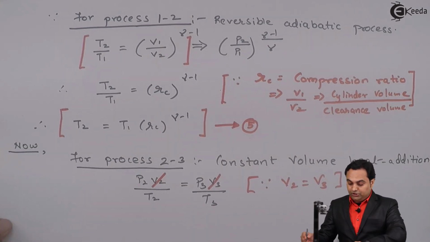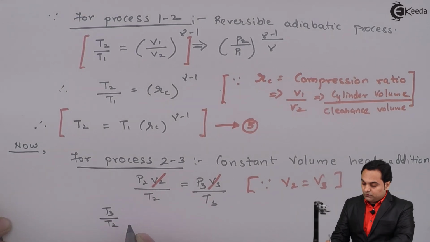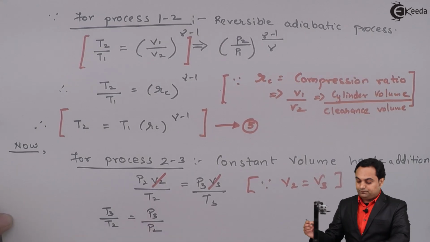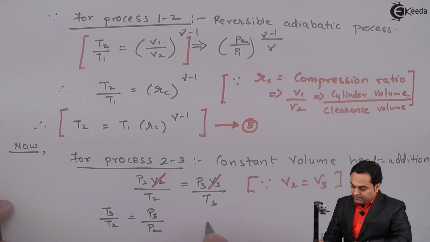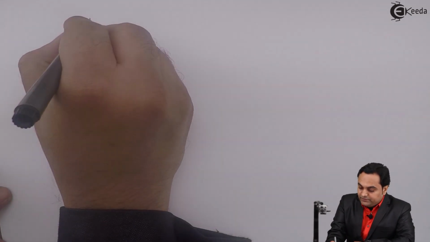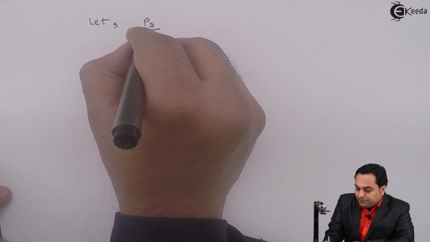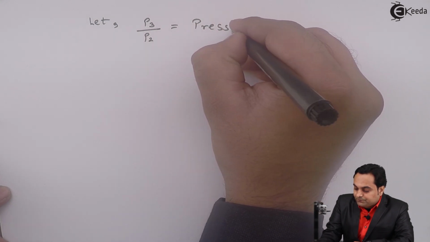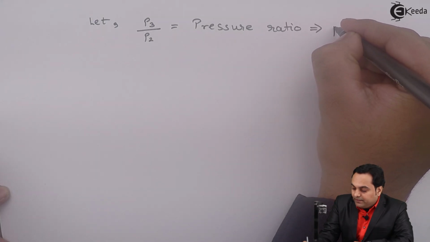Now I'll bring T3 on one side. So T3 upon T2 will be equal to P3 upon P2. Next, I'll define the term P3 by P2 as the pressure ratio, denoted by beta.